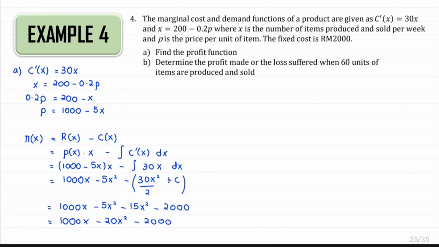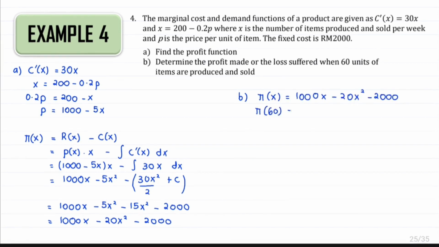Question B, determine the profit made or the loss suffered when 60 units of items are produced and sold. Now we want to check whether we get profit or loss. So we substitute 60 units, x = 60, into the π function.